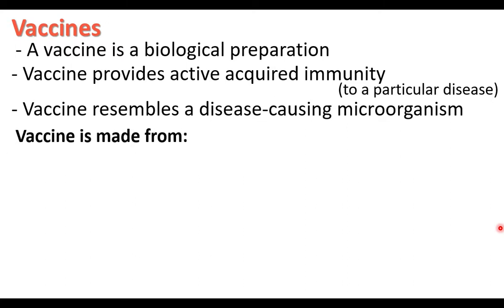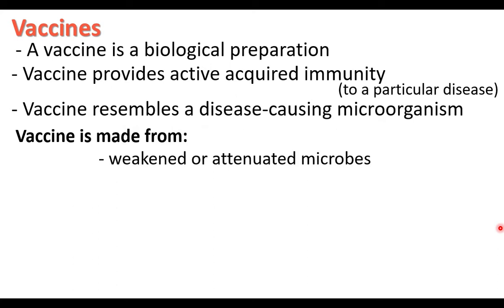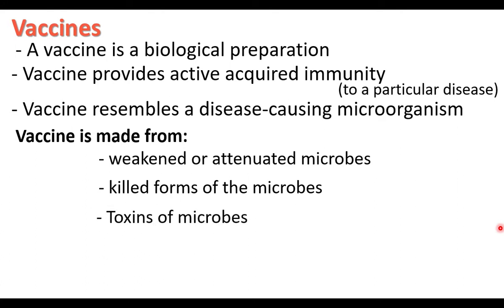A vaccine is made from weakened or attenuated microbes. The microorganism is weakened, so its ability to cause disease is stopped. Or killed forms of microbes are used, or toxins of microbes are used in vaccines.